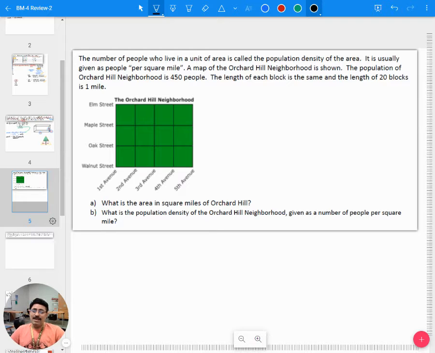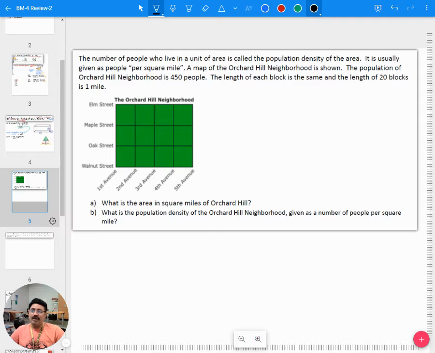Let me read the question first. The number of people who live in a unit area is called the population density of the area. It is usually given as people per square mile. A map of the Orchard Hill neighborhood is shown.